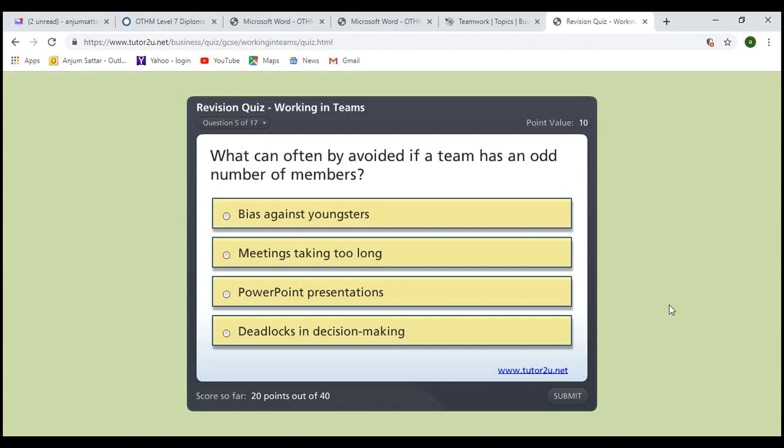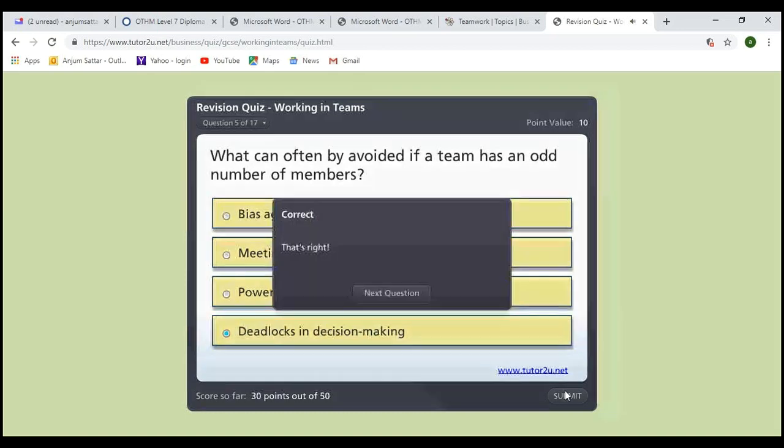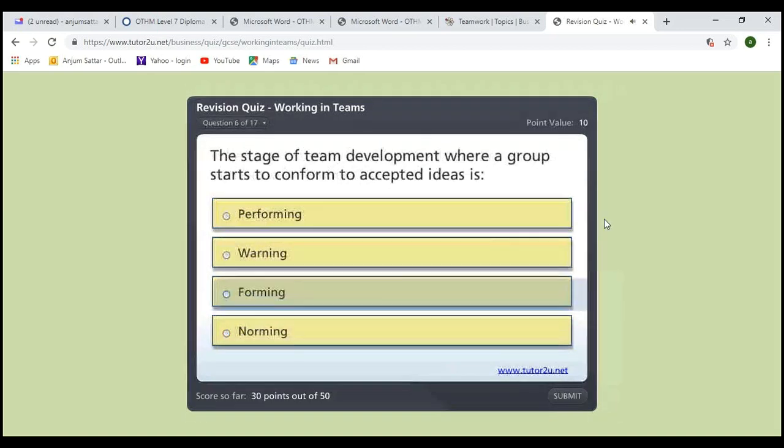Okay. What can often be avoided if the team has an odd number of members? Deadlock in the decision-making process. Well done. That's correct. The stage of team development where the group starts to conform and accept the ideas.